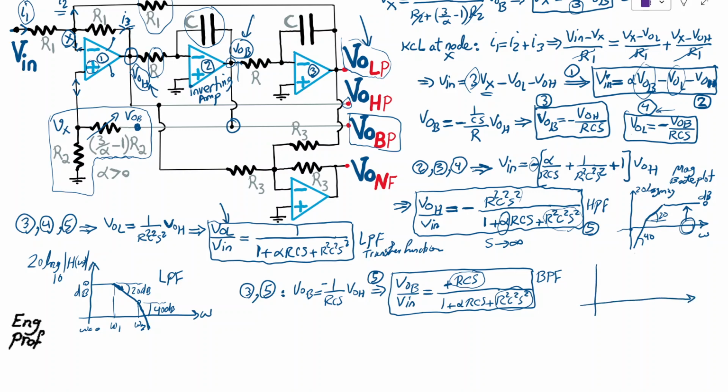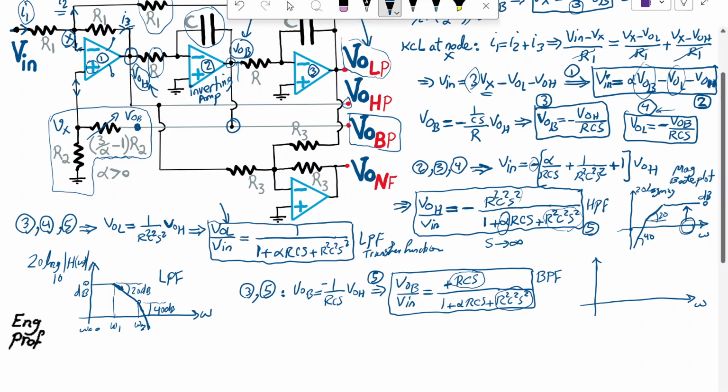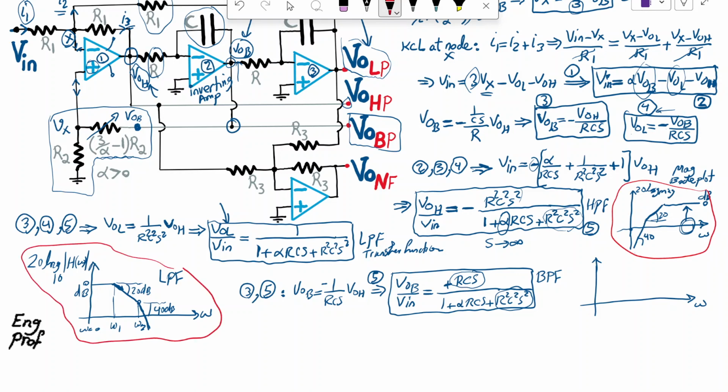So for the magnitude Bode plot, it looks exactly as if you are cascading. Let me change the color so that you can see what I'm talking about. So as if you're cascading this Bode plot with this Bode plot, with a properly designed value of alpha for the potentiometer. So it's as if the low pass comes in and then your high pass comes in.